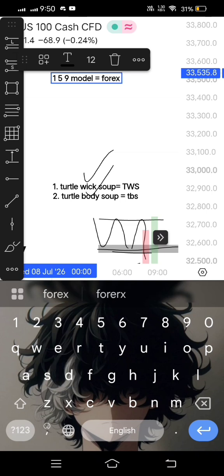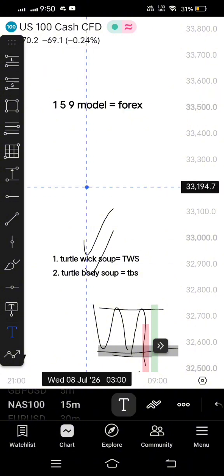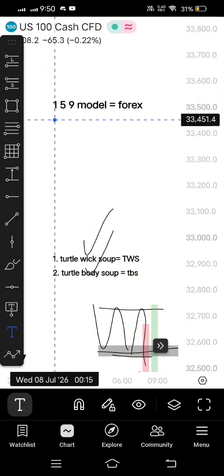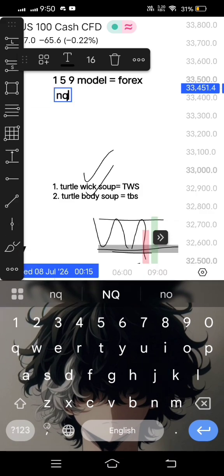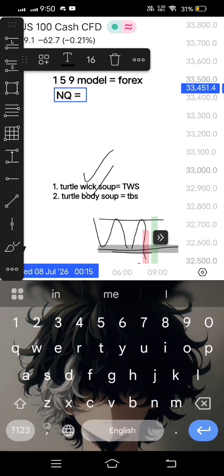This is one of the most profitable strategies I have, and I have been using it in my whole journey and will use it till my last trade. The other model I will give you is for the Nasdaq, NQ, and it is based on the equity open.